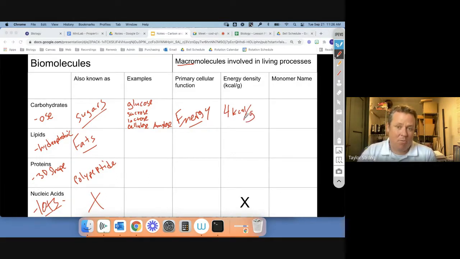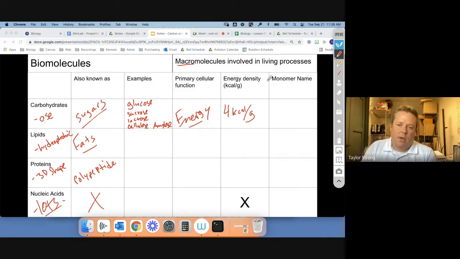What that means is if you have 1 gram of carbohydrates, this is an average, by the way, but in general, it is worth 4 kilocalories. And that means the calories that we're dealing with when you talk about food. If you have 2 grams, then you have 8 calories. If you have 3 grams of carbohydrates, then you have 12 kilocalories. And that just tells us how much energy is present in them.